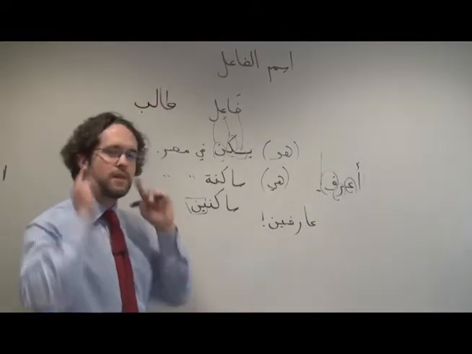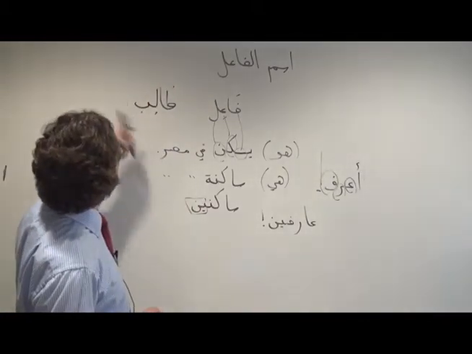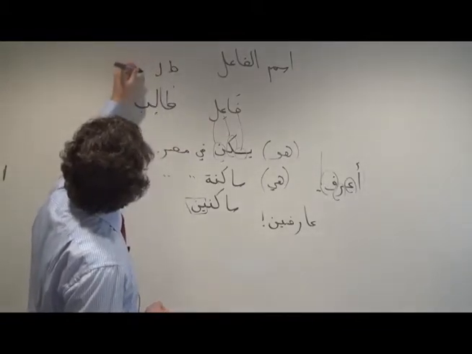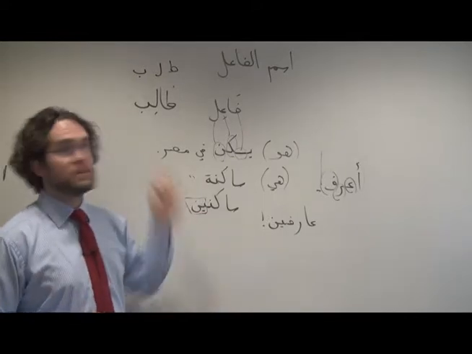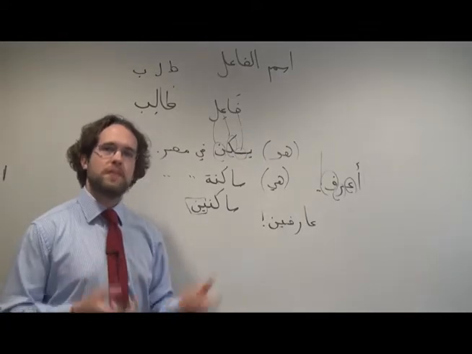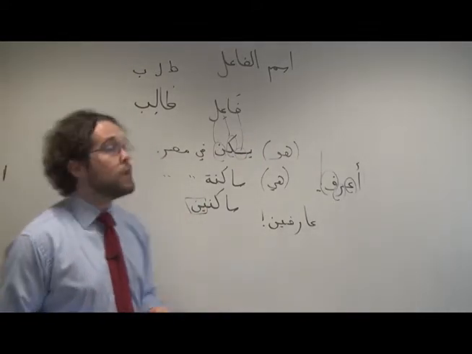And again, we need to listen for that rhythmic stress, the music of the word talib, which comes from the root ta, lam, ba, and means student. That root has to do with requesting or demanding, right? You're seeking information from someone.